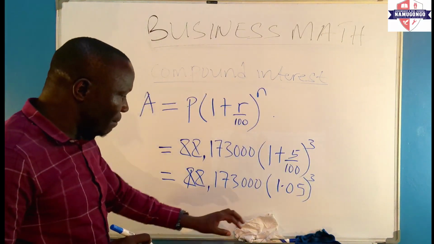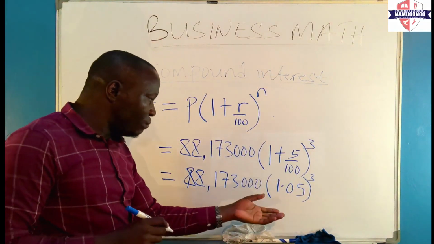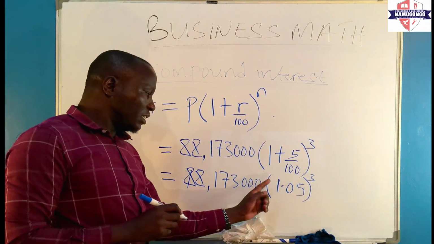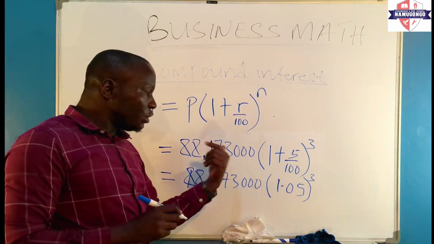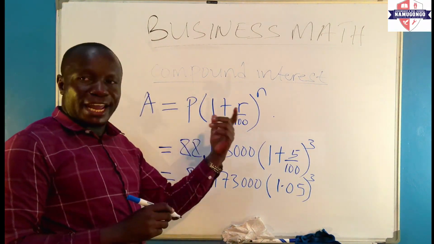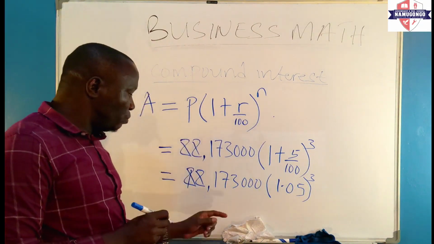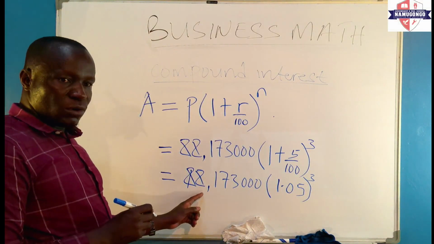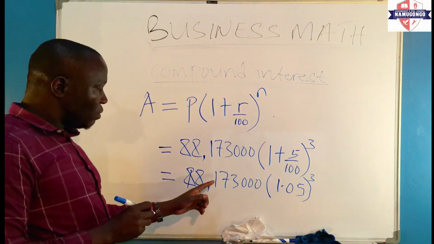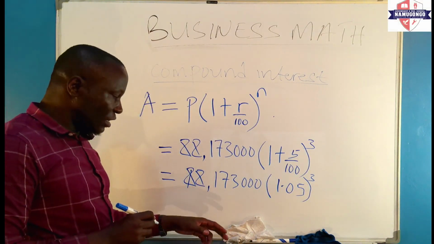Then here remember, we shall only cube what's in the bracket. So it is the 1.05 which is going to be multiplied by itself 3 times. Then you multiply it by our principal of 88,173,000 shillings.